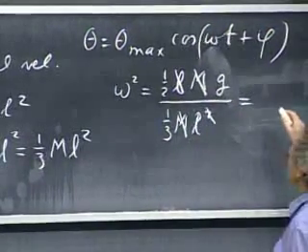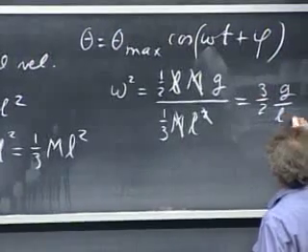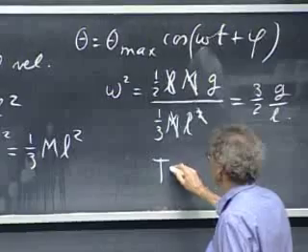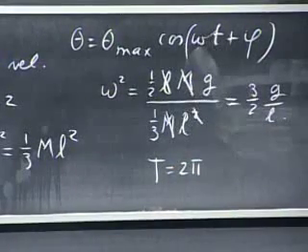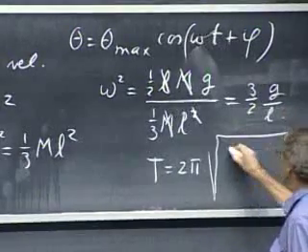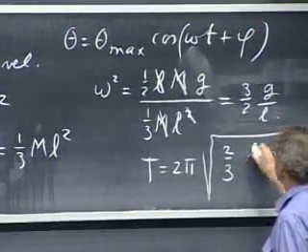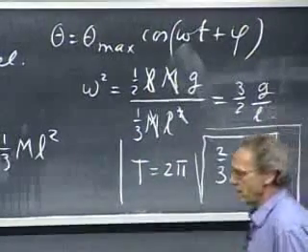And so this is 3/2 g divided by L. And so the period of one oscillation is 2 pi divided by omega. Omega is the square root of this, so that becomes 2 pi times the square root of 2/3 L over g. And that is the period of the oscillation of this ruler.